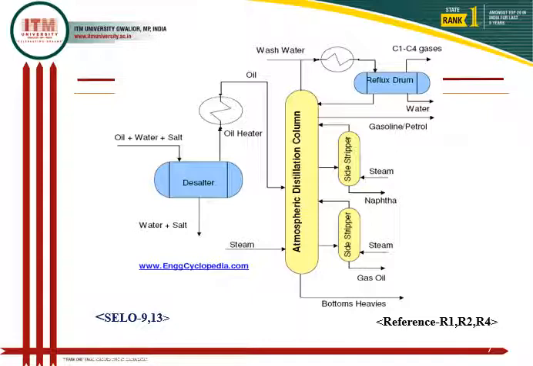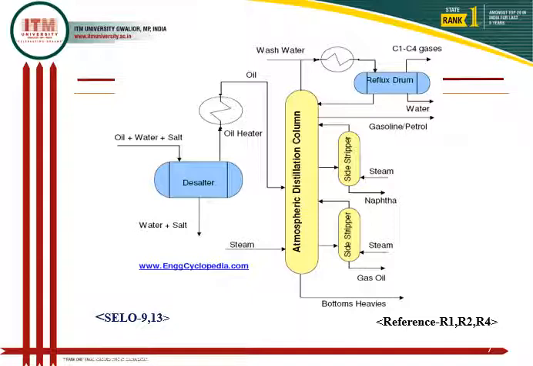So this is the flow diagram of the atmospheric distillation method. The crude oil is first dehydrated and desalted to remove the salt content which hinders the process of refining. So we have learned how the desalter works.